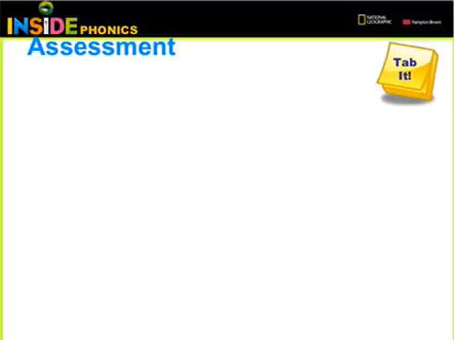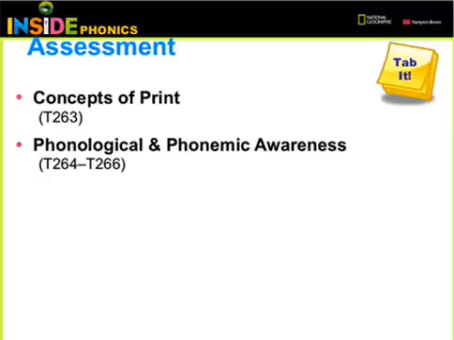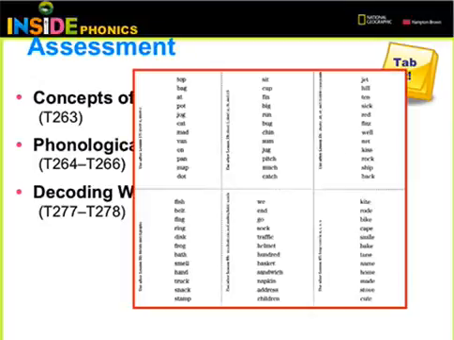In addition to the ones we've already discussed earlier with the foundations lessons, which is the concepts of print and the phonological and phonemic awareness test, there are also high-frequency word lists and decoding word lists that are quick and powerful assessments.